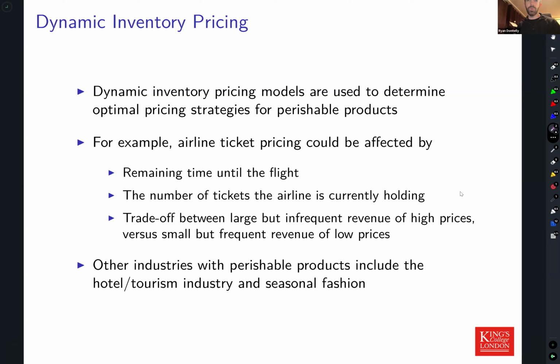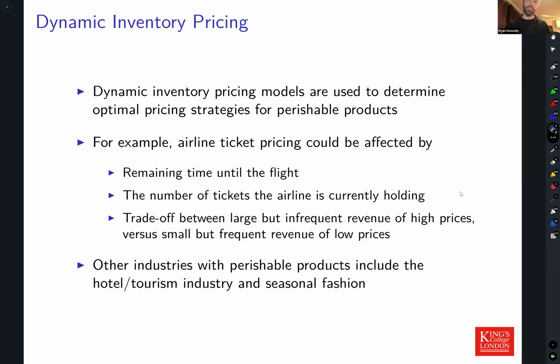So the optimal pricing strategy could depend on several different factors. For example, the amount of time that's remaining until the flight departs, the number of tickets that are remaining in the inventory of the airline, and of course, the trade-off between setting a very large price, meaning that the frequency of sales will be low, versus setting a low price, meaning the frequency of sales will be high.